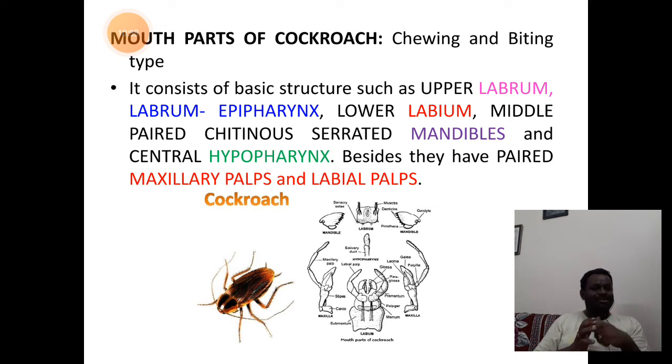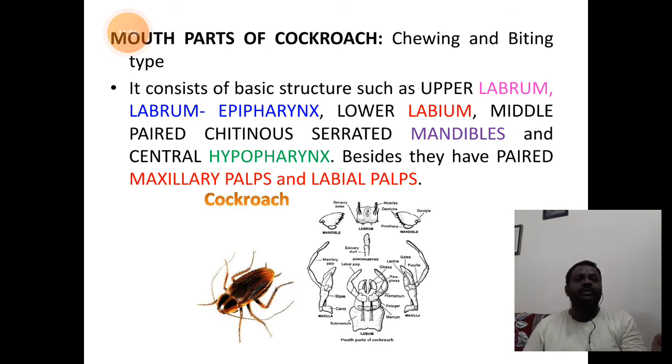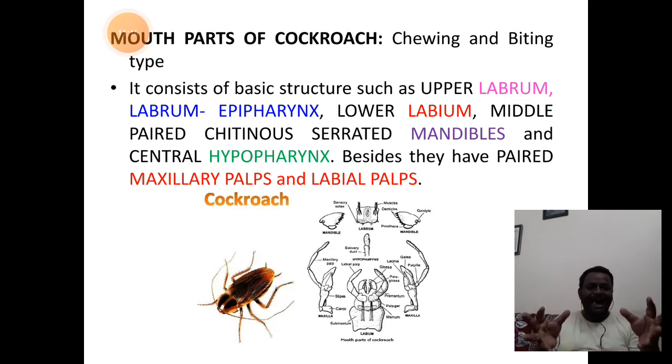Maxillae are the structures which assist in holding the food at the time of feeding. Like how our hands help, the same way these structures of maxillae are also helpful.